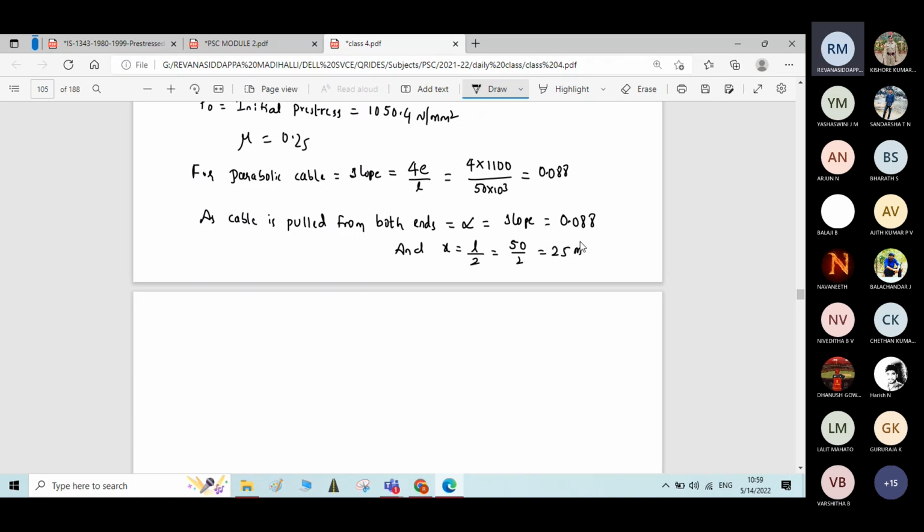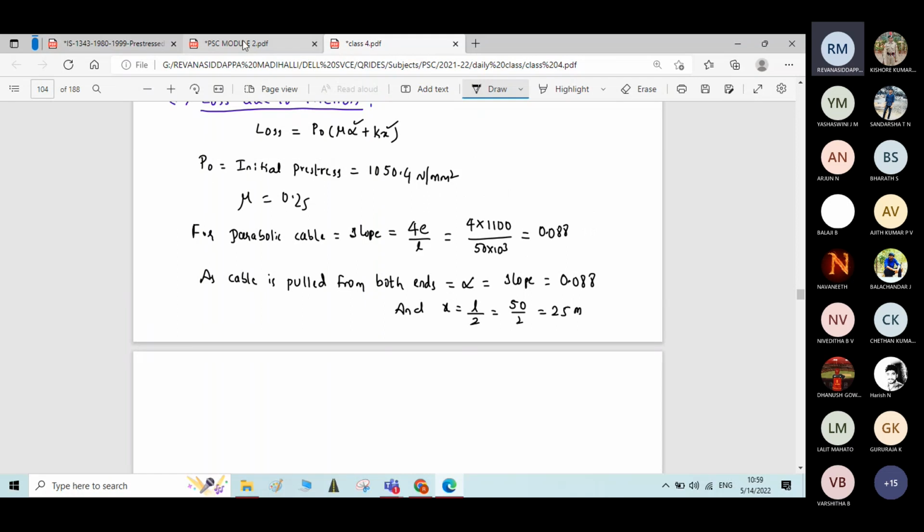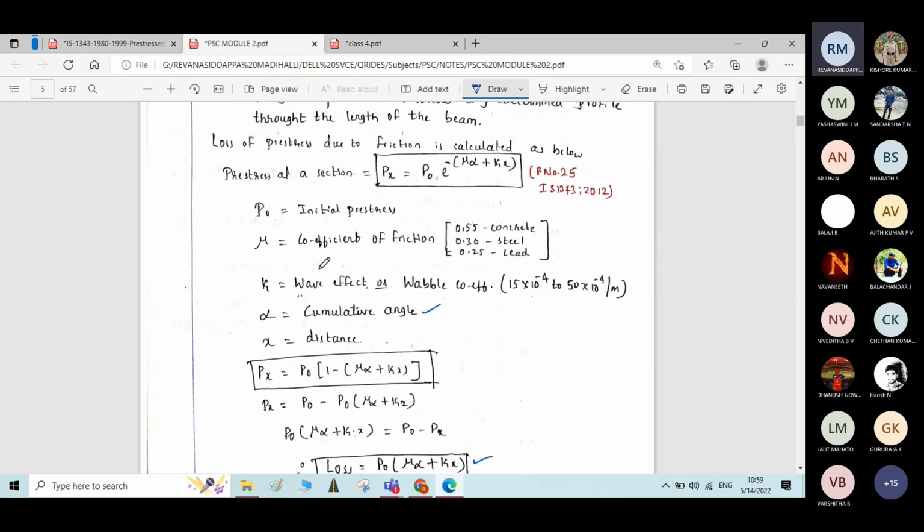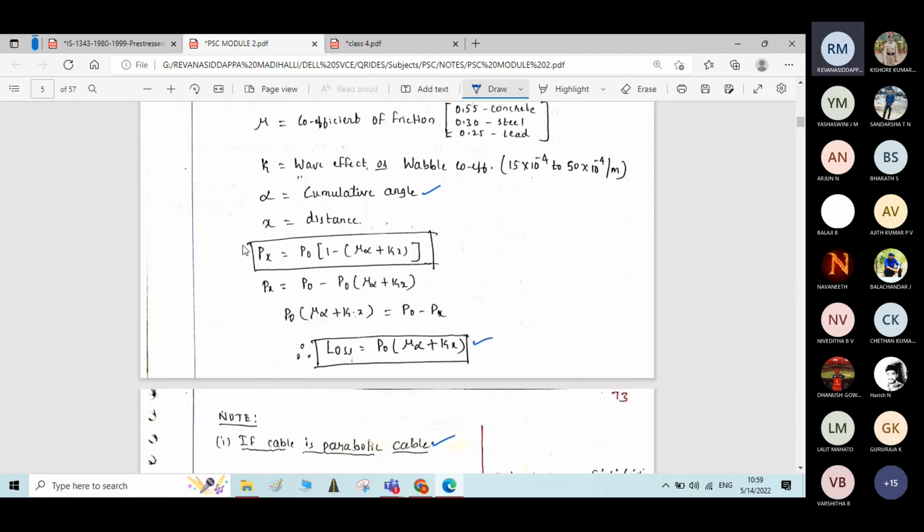One more very important thing. In this formula, the x distance should be substituted in terms of meter, and you will get the answer in terms of Newton per mm square.